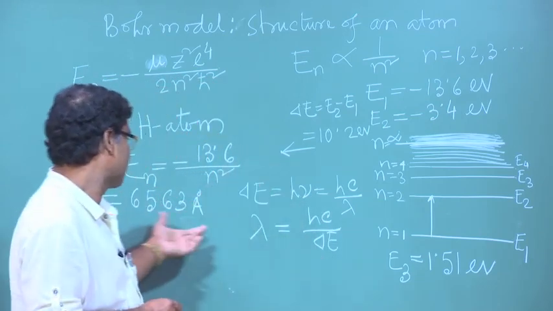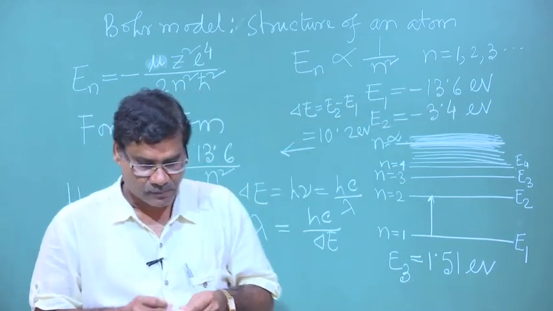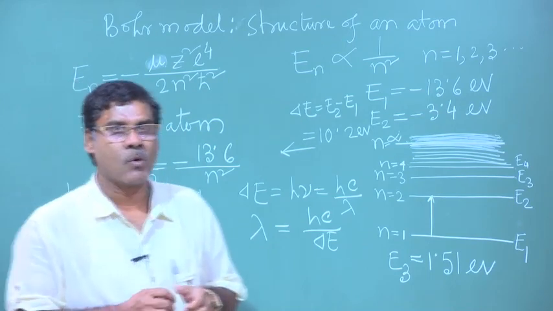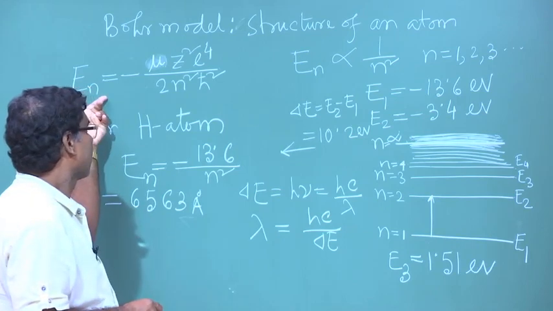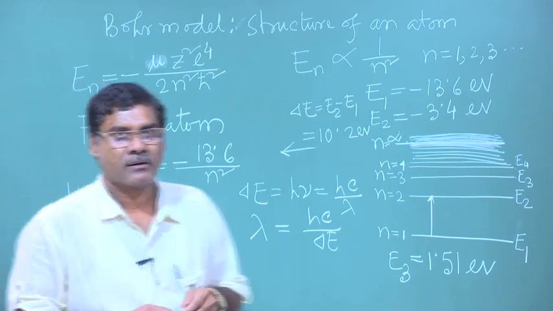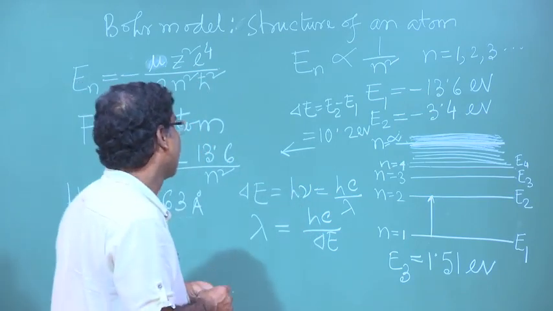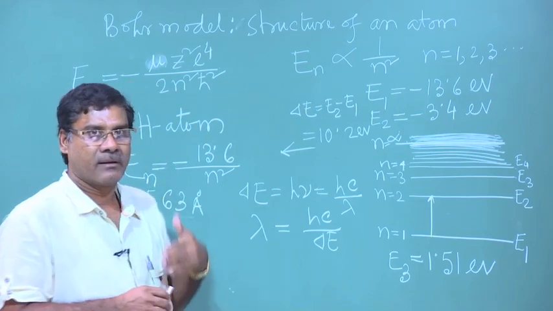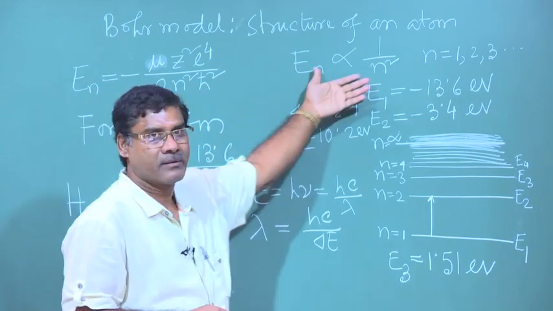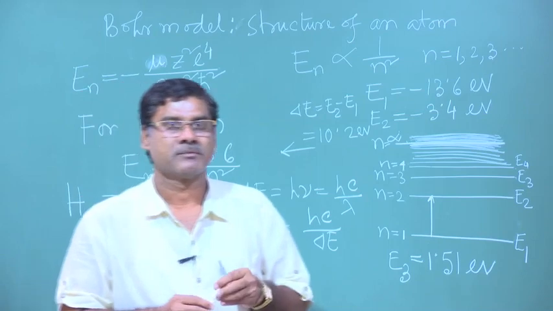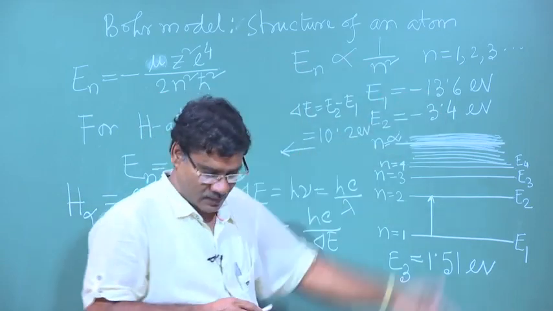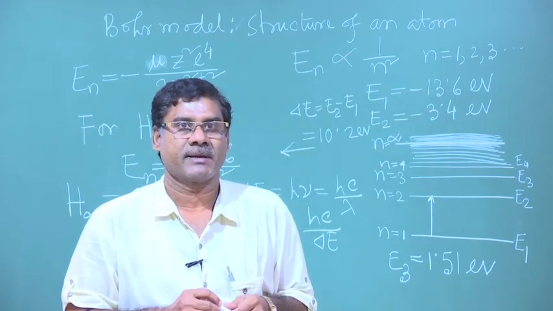Since experimentally it was not fitting with the Bohr model calculation, the reduced mass concept was introduced, and finally the result from the Bohr energy was the same as the experimental result.